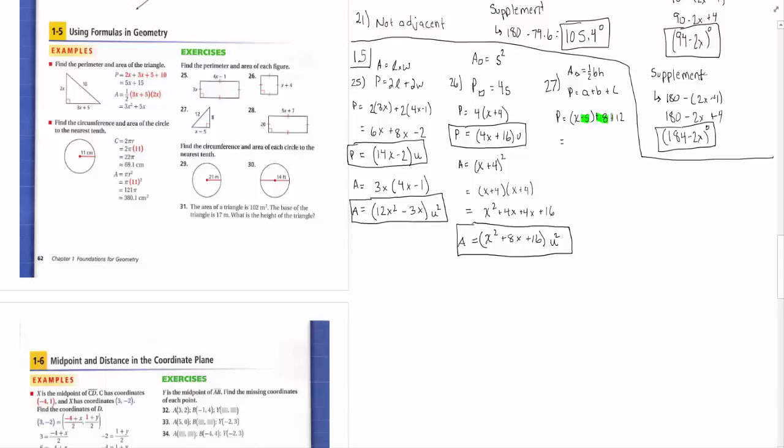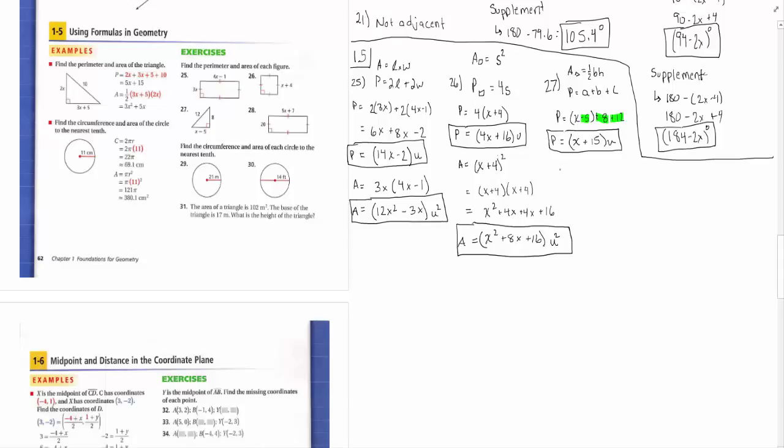And then I have plus 8 and plus 12. So I'm going to combine those 3 constants, and my simplification here is going to be negative 5 plus 8. That's going to be 3. 3 plus 12 is going to be x plus 15. And again, remember we're doing units on this, so parentheses units, because we're doing a perimeter.